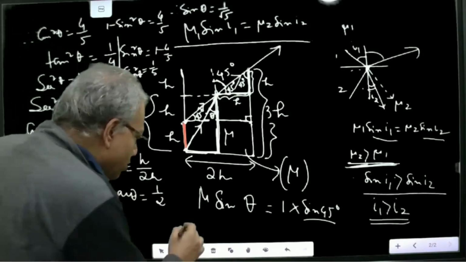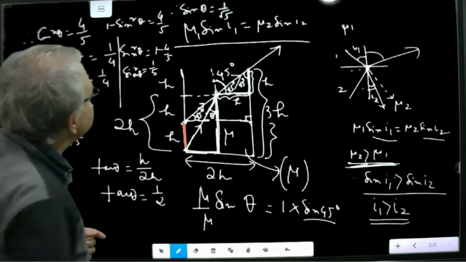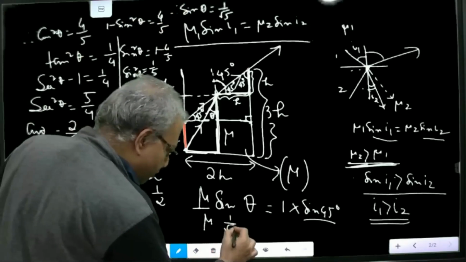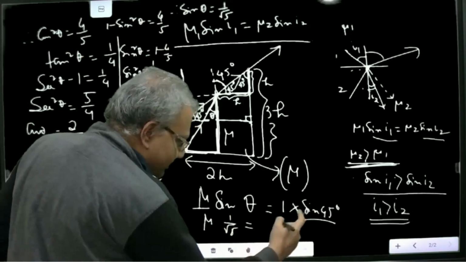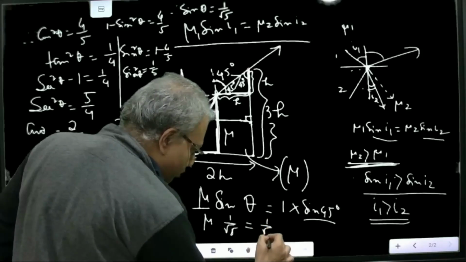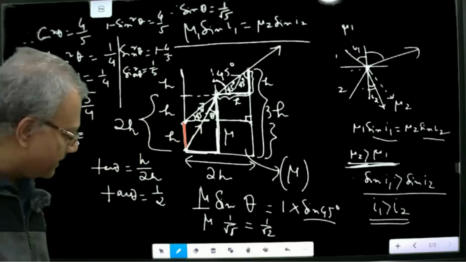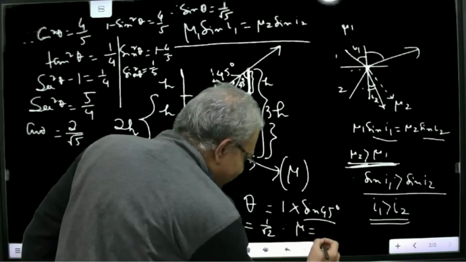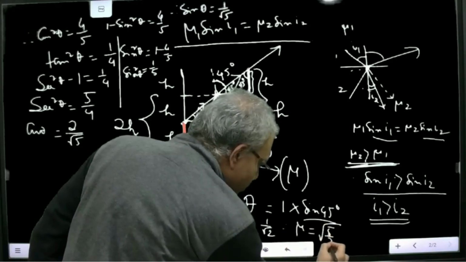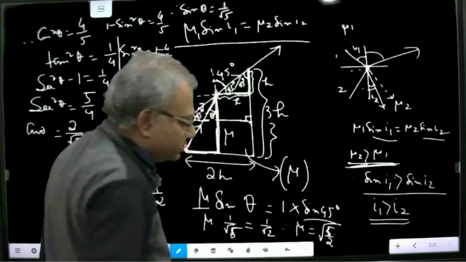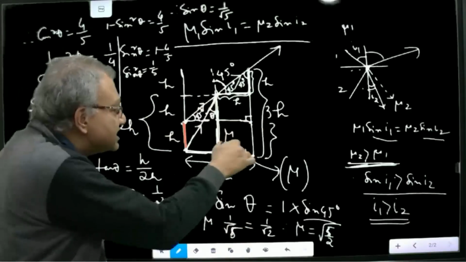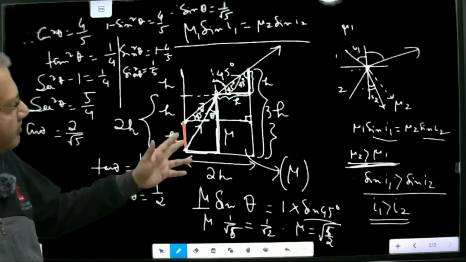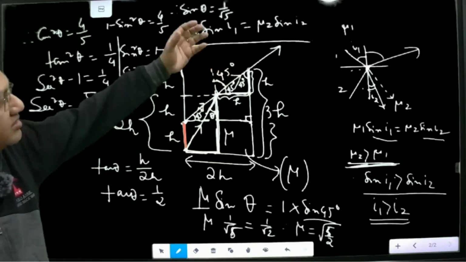So mu into sin theta, what is the value of sin theta? 1 by root 5. 1 by root 5 is equal to sin 45, that is 1 by root 2, isn't it? Check. Therefore we can write it this way, root 5 by 2. This is the refractive index of the liquid, whatever we have put here.